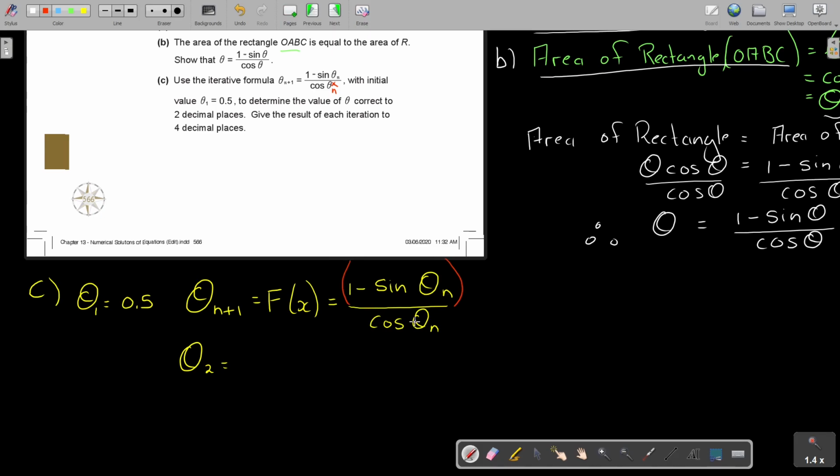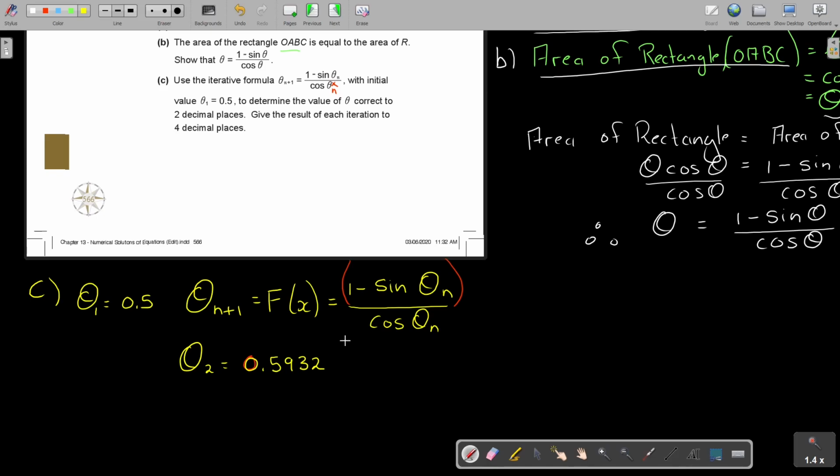So bracket 1 minus sin answer, close the bracket, divide cos answer equals. Okay, and now I'm going to start writing it down. So theta 2, that's 0.5932.